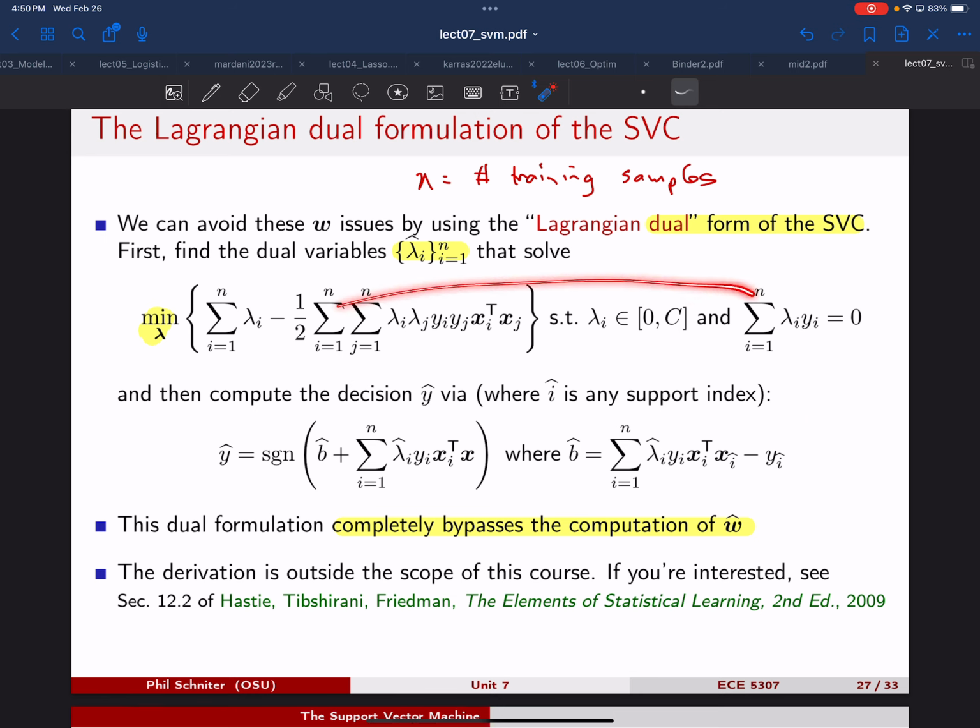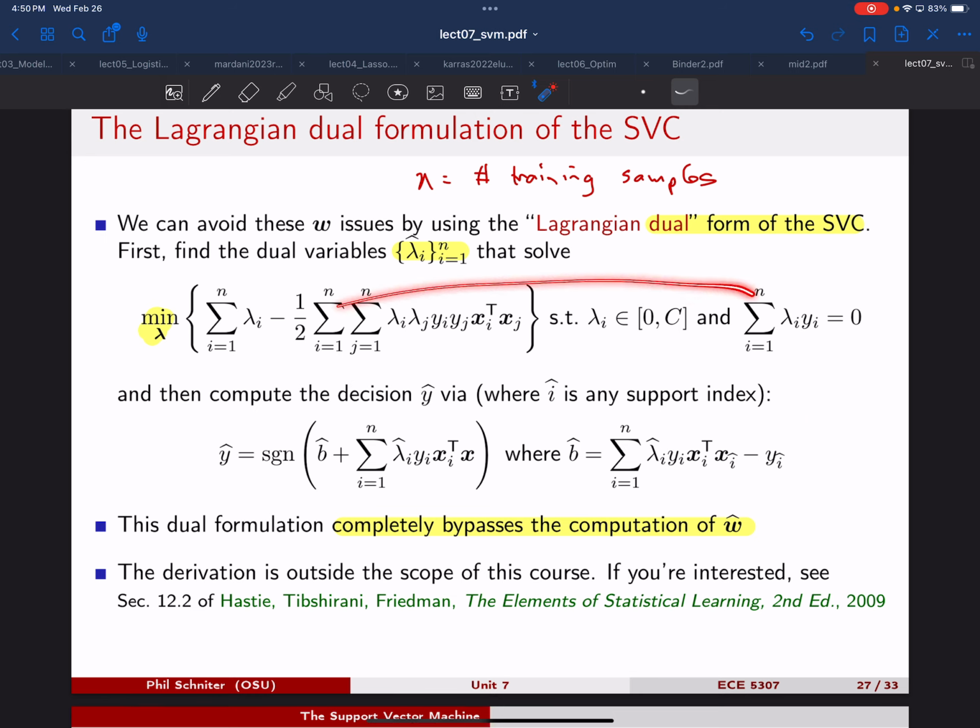You can see that you always have a situation where you have phi transpose phi. What changes is that here you have the ith training sample and the test features. Here you have the ith training sample and then one of the test features. Here, the ith training sample and the jth training sample. But the point is that you never see phi alone.